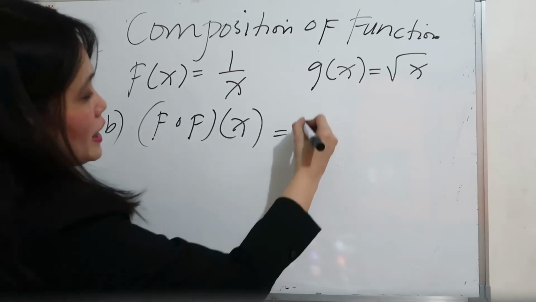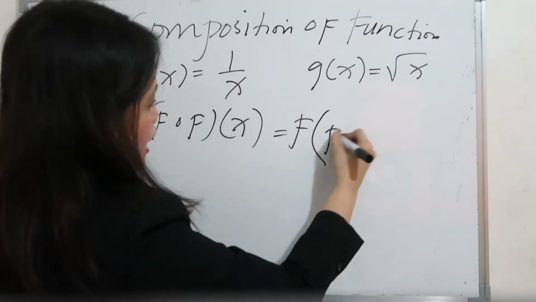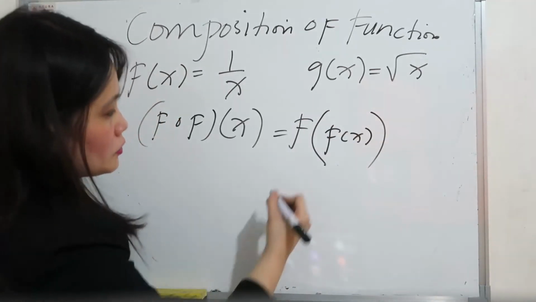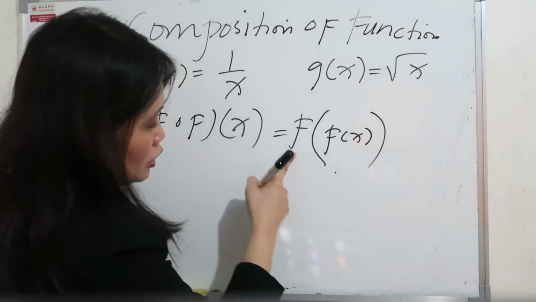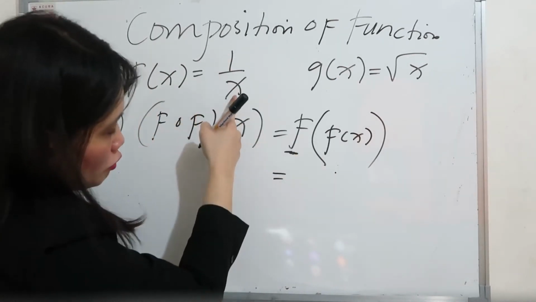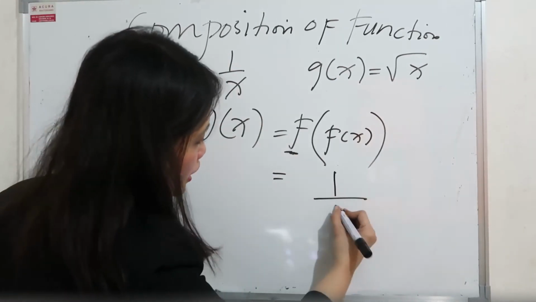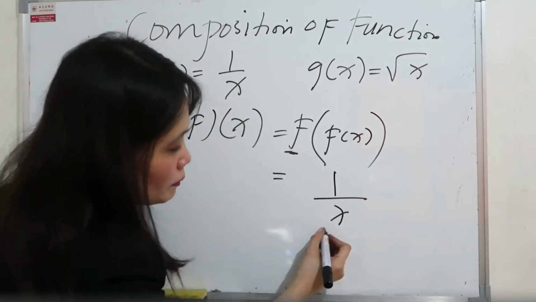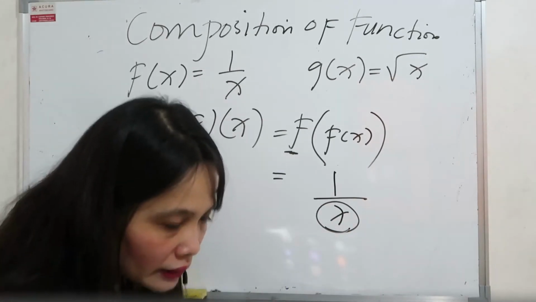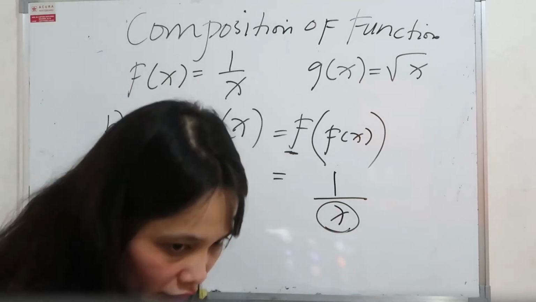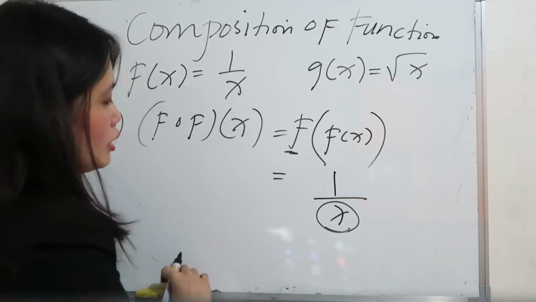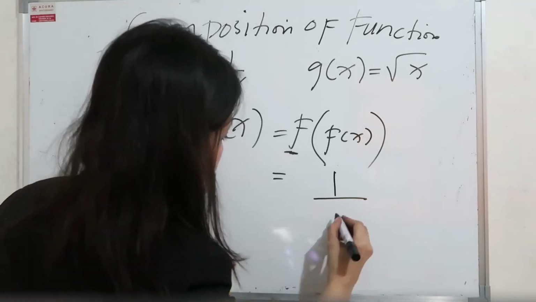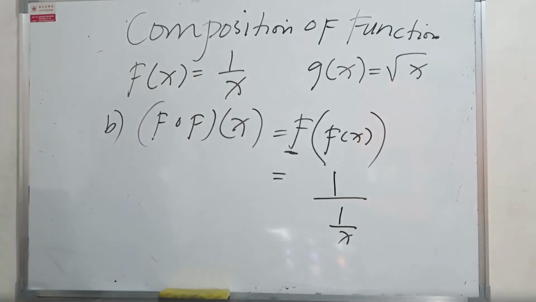Your f of x here is 1 over x. So we need to replace x here by what? Okay, 1 over x.